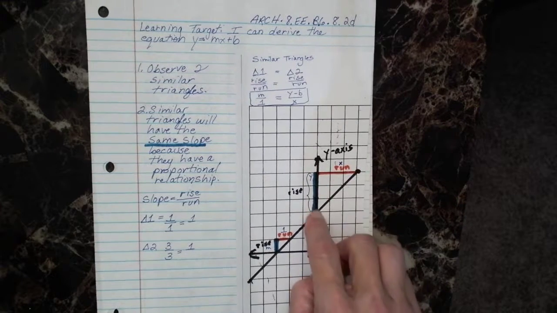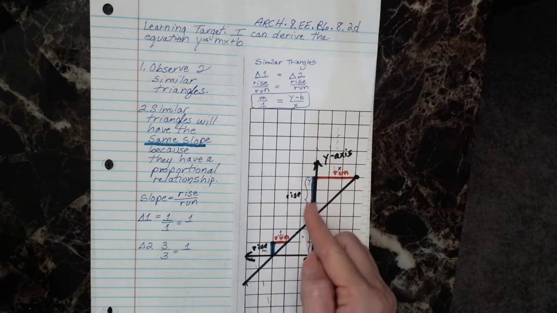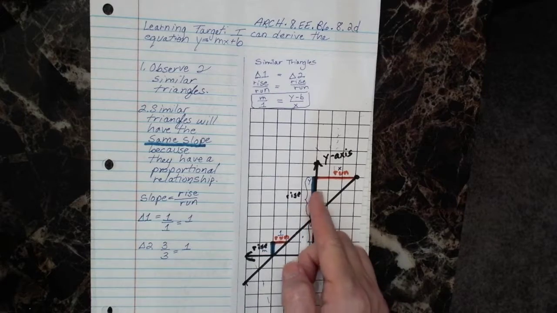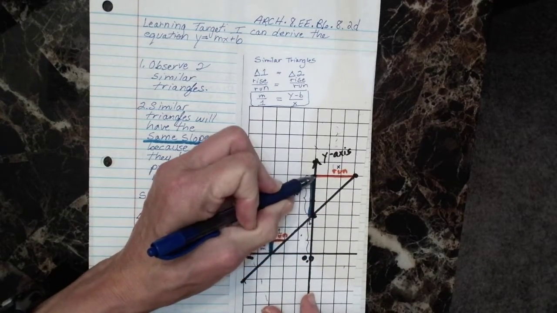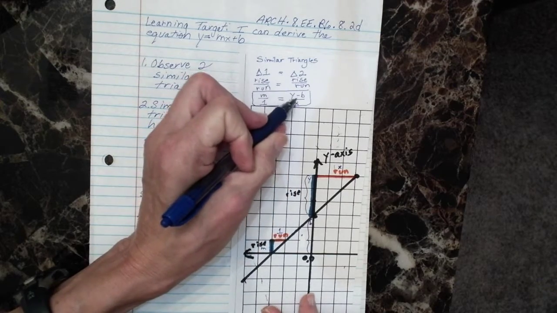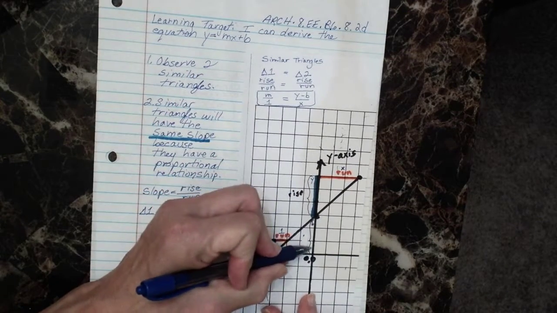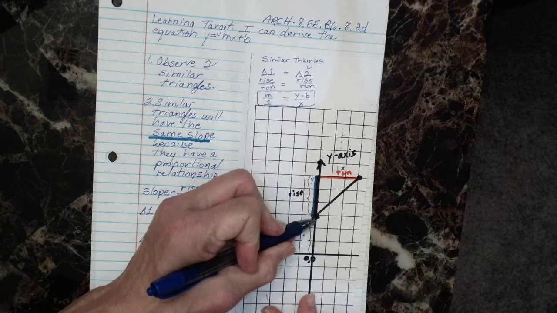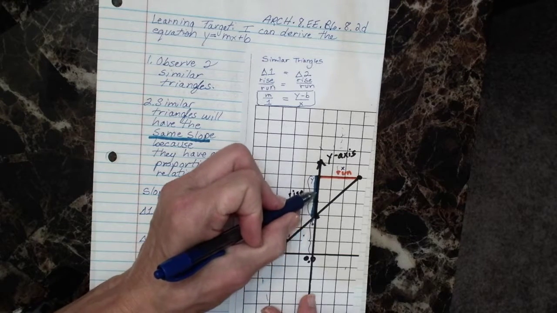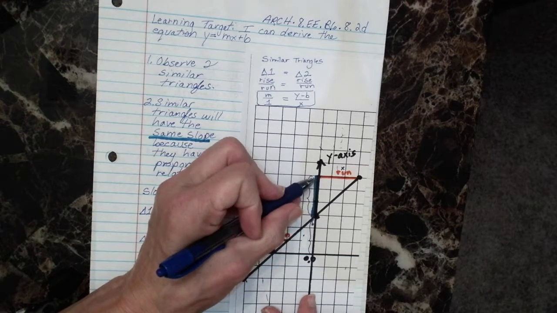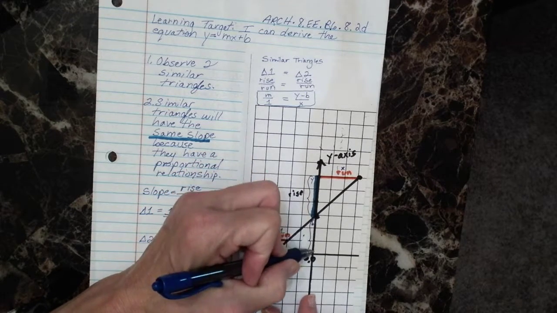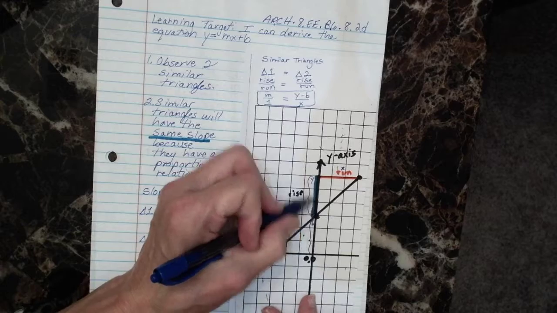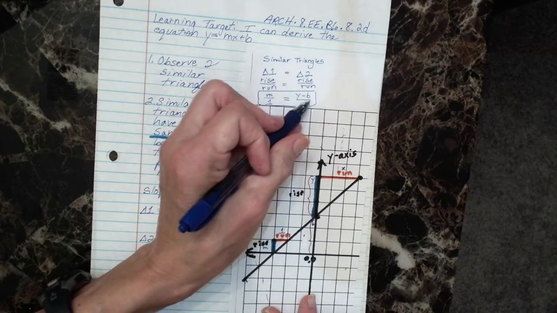So this rise from here to here is really y minus b, because this distance is b, and this whole thing would be y. Remove the b, and you're left with y minus b. So that's the rise here.